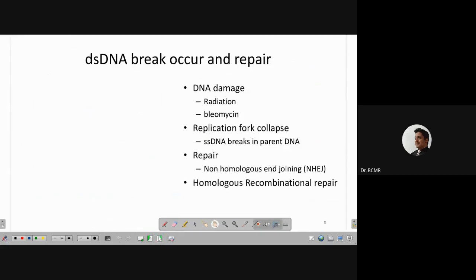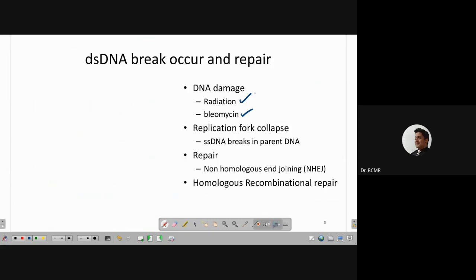So the double strand DNA break repair is very much similar to what we are seeing. In nature, or within cells, double strand breaks can occur because of radiation or because of antibiotics or chemotherapeutic agents like bleomycin, which can induce double strand breaks.